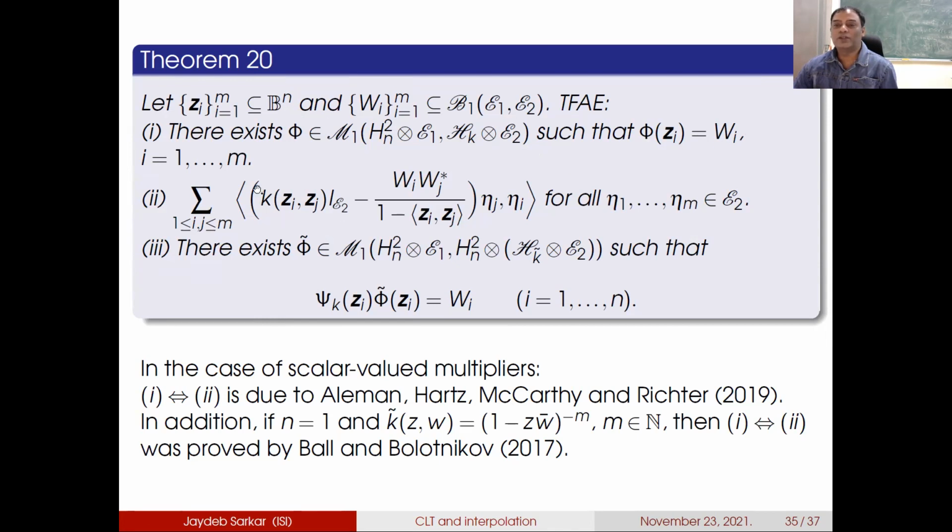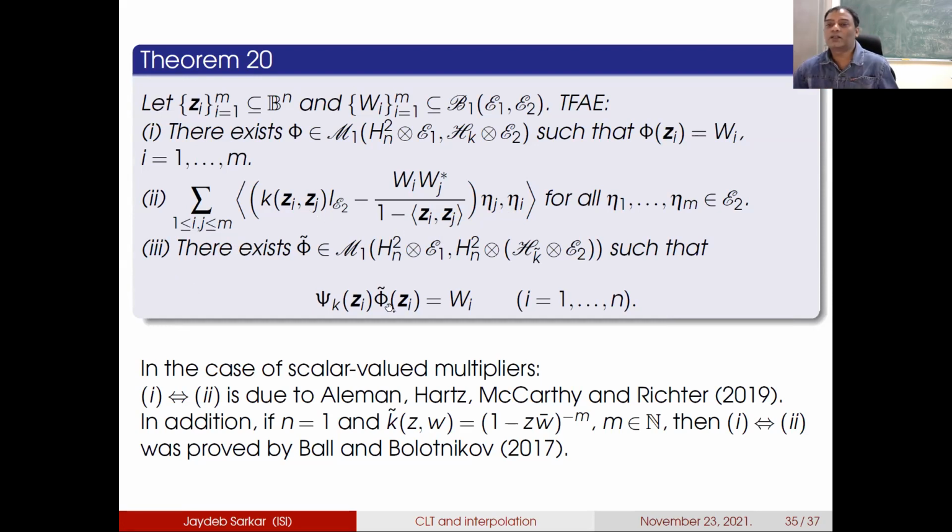Second, if and only if this inner product of this regular kernel, remember, it's operator valued in this case, is positive definite: the identity minus the operator W_i W_j star, times the Drury-Arveson kernel, and you take this inner product. Essentially, this is positive definite, and if you write it in terms of the inner product, that's what comes out.